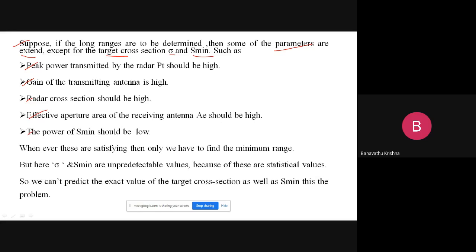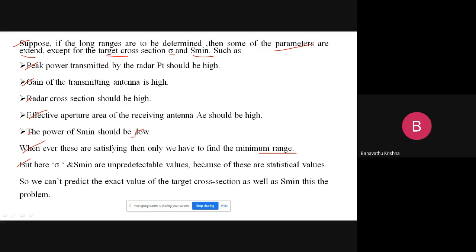Next, the power of S minimum should be low, because the longest ranges are present between radar and target, so the signal also has low power. Whenever these conditions are satisfied, then only can we find the maximum range.